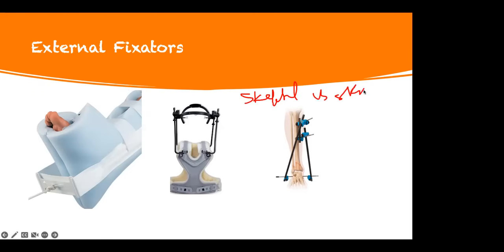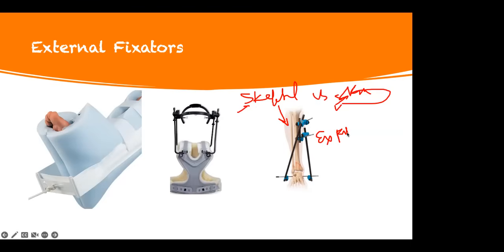If I'm putting the limb in traction and just holding on to your skin, using your skin to pull, that is skin traction. When I have to go into your bone and drill to keep you in alignment, that is skeletal traction. This one is an X-fix, an external fixator.